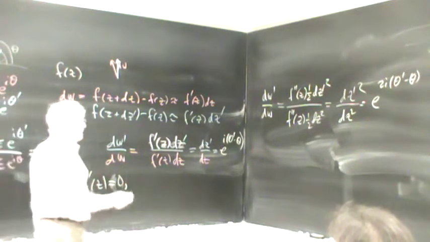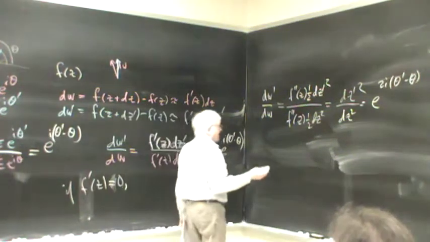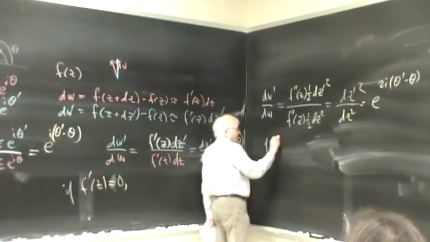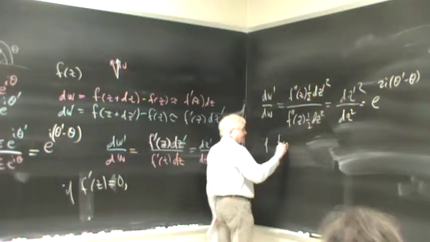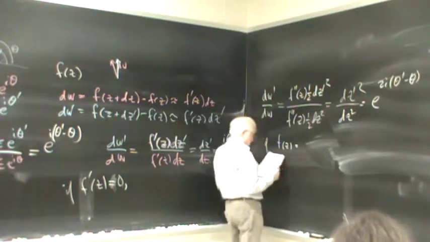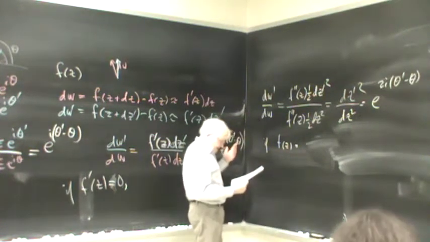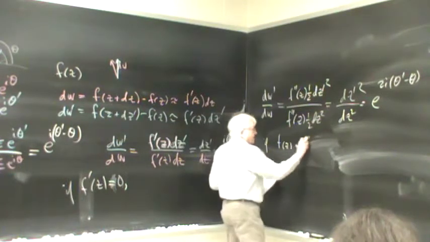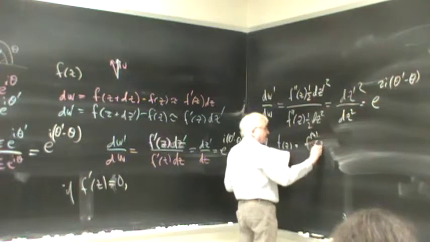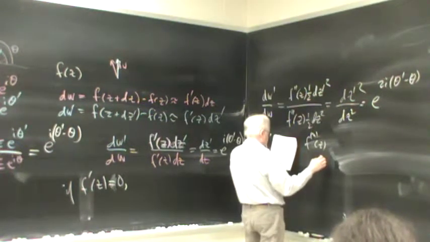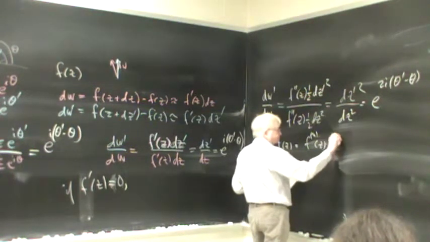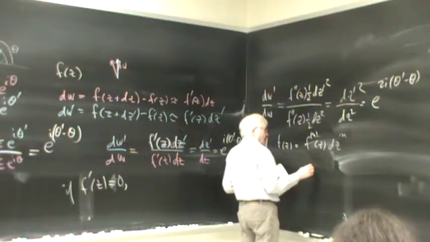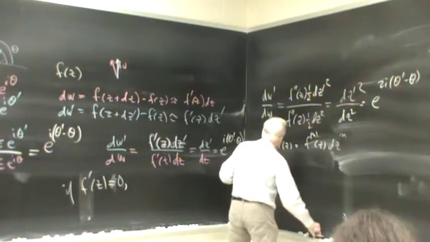And moreover, if f of z is equal to simply the nth, in other words, if all of the derivatives vanish except, well, here's what I meant to say.